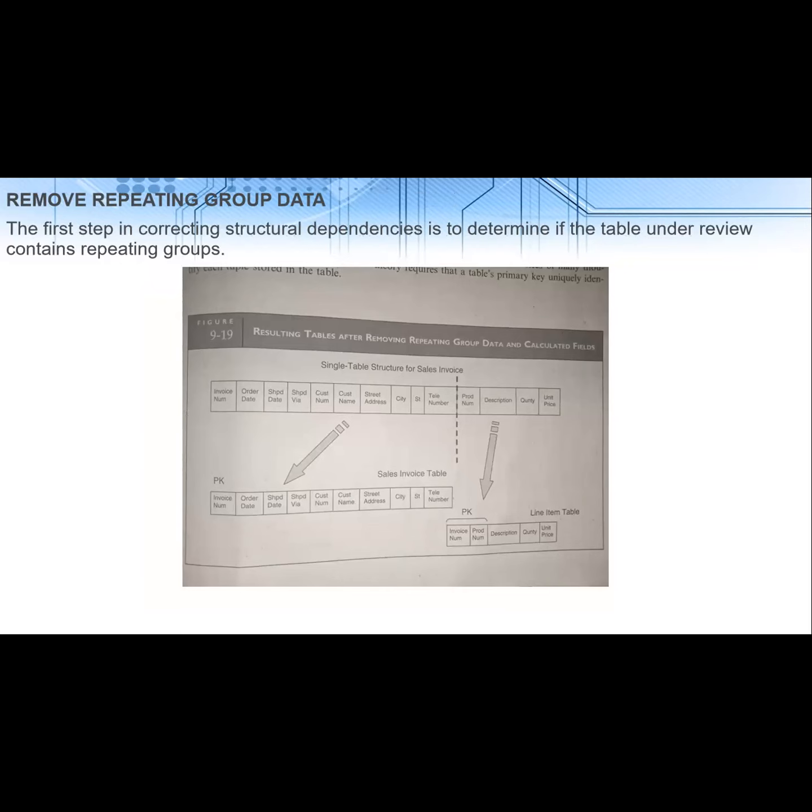Repeating group data occurs when multiple values for a particular attribute exist in a specific tuple. For example, the sales invoice in this figure contains multiple values for the attributes product number, description, quantity, and unit price.